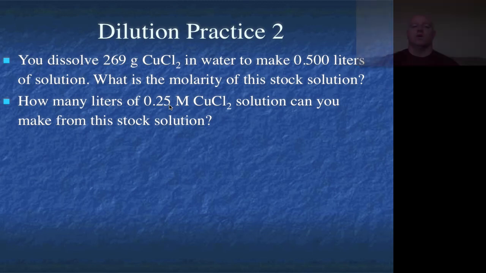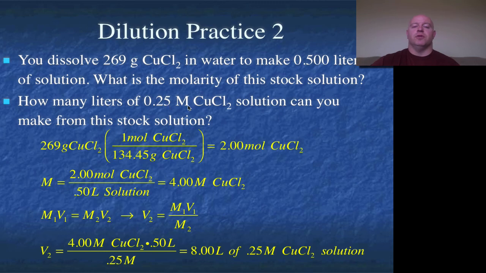Okay, here we go. For the first part, we need to figure out what the concentration of the solution is going to be. So take your grams, convert to moles. We have a half a liter, so take your moles divided by that half a liter, and the concentration of the solution that we made was 4 molar. Now that's your stock solution, or your concentrated.